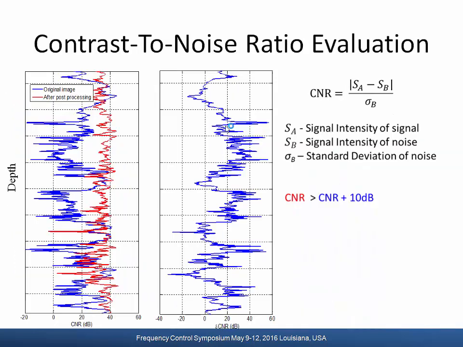To further evaluate its performance, we calculate the contrast noise ratio of these two images. The blue line is based on the original image. The red line is based on the image after processing. And here's the difference. So overall, if you look through the depth, generally speaking, the signal to noise ratio of the processed image is significantly improved.